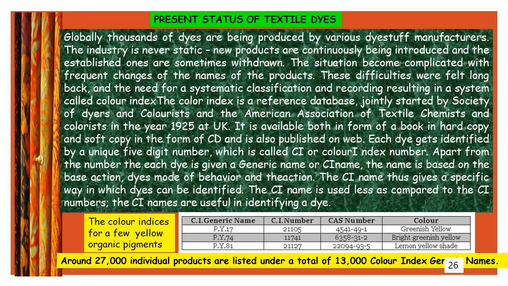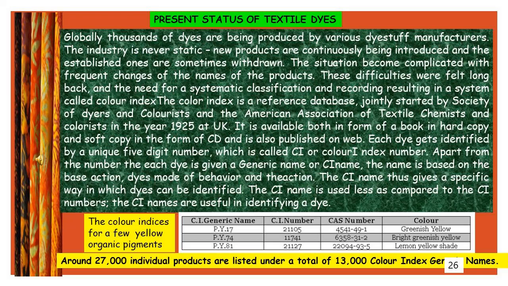Each dye gets identified by a unique 5-digit number, which is called CI or color index number. Apart from the number, each dye is given a generic name or CI name. The name is based on the basic nature, the dye's behavior and the action.